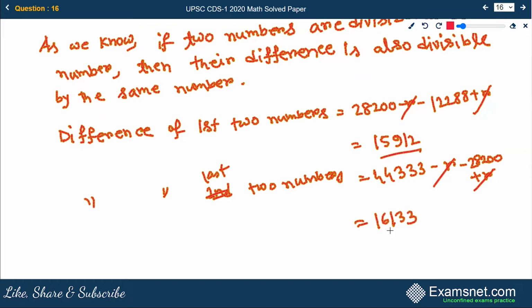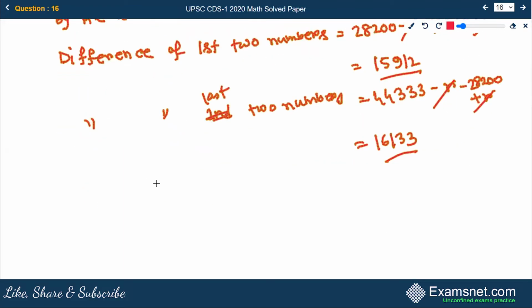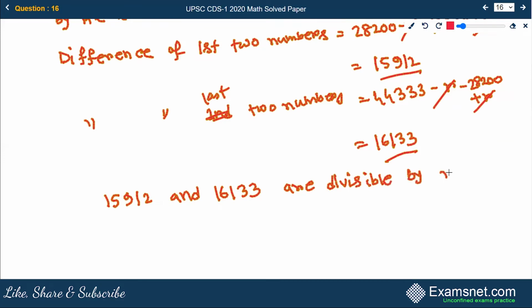So these two values are also divisible by X, correct? So these two values are also divisible by X. Then 15,912 and 16,133 are divisible by X. We can factorize this too.